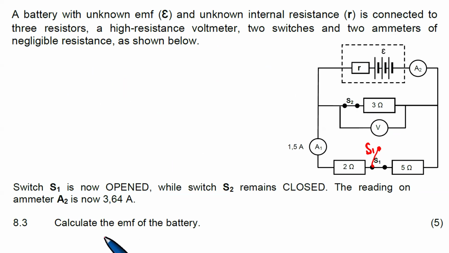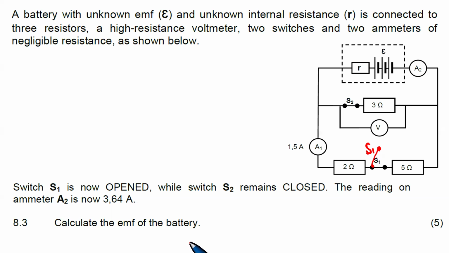Switch S1 is now opened, while switch S2 remains closed. The reading on ammeter A2 is now 3,64 amperes. Calculate the EMF of the battery.